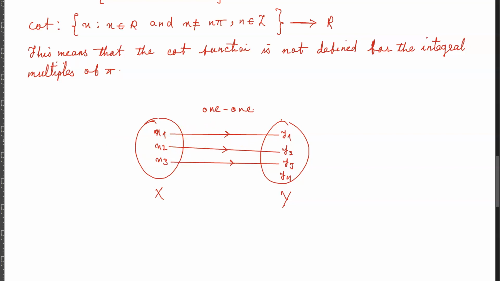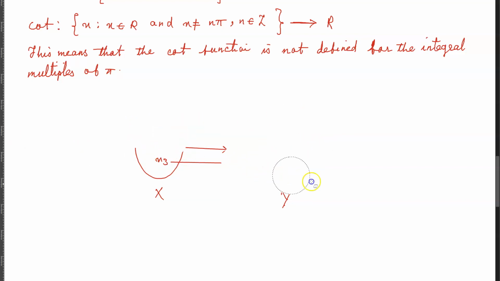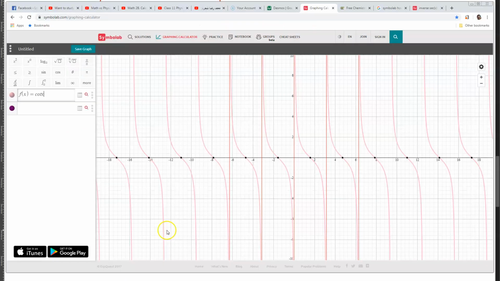Now there is a problem here with the function f of x equal to cot x, and the problem is that if I say that the codomain of the function is, for example, all of the members of the set R, right?